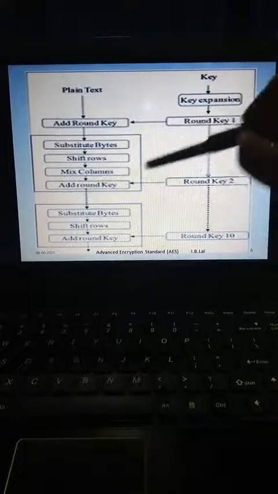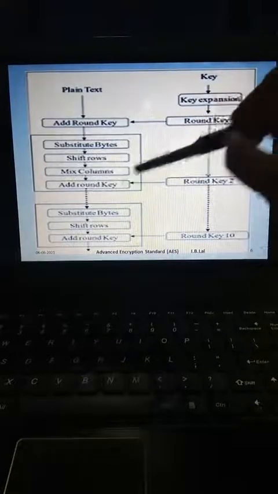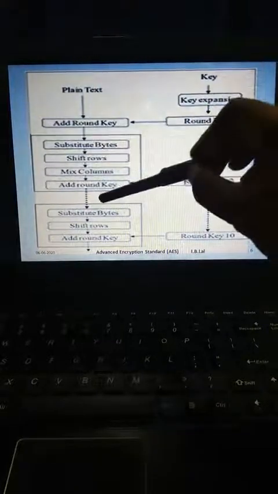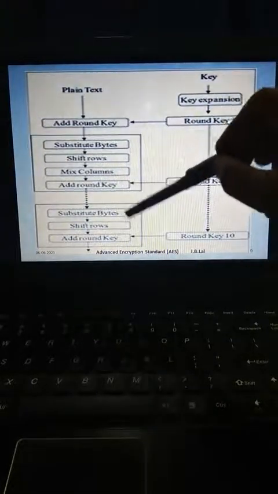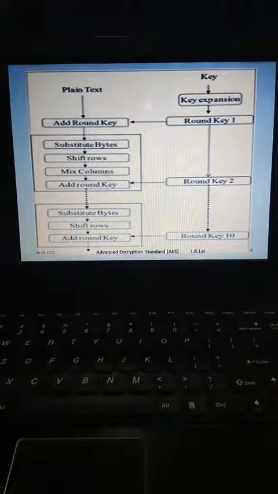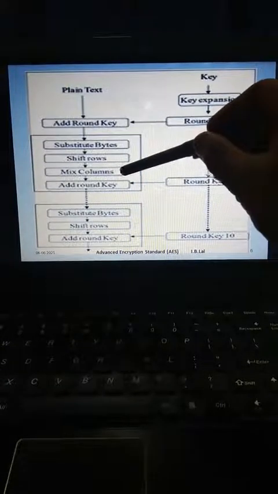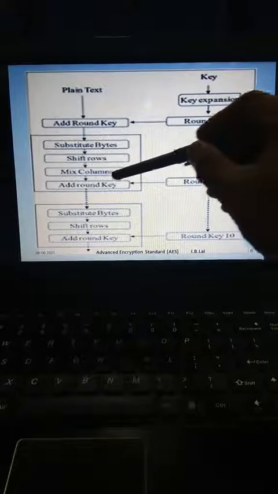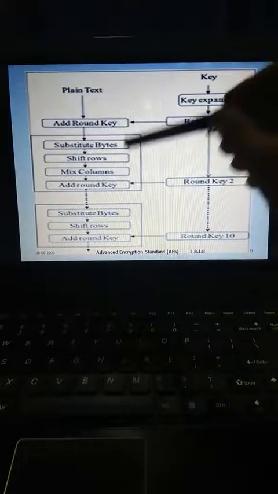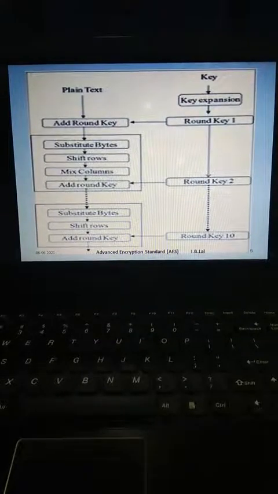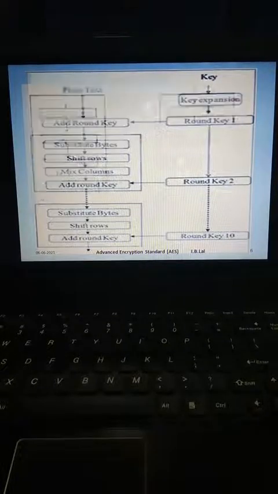The output of this round becomes input to the next round. It continues for 10 rounds, but in the 10th round the mix columns process is not done, and after the 10th round the output becomes the ciphertext. This we can see here.